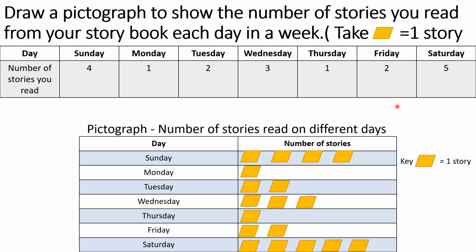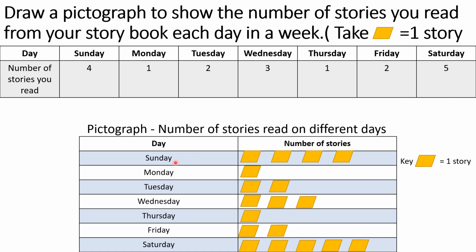In the previous example, one symbol of tree represented 10 trees. That was the key of that pictograph. But here the key of this pictograph is this. Now in this question, number of stories you read: Sunday 4, Monday 1, Tuesday 2, Wednesday 3, Thursday 1, Friday 2 and Saturday 5.